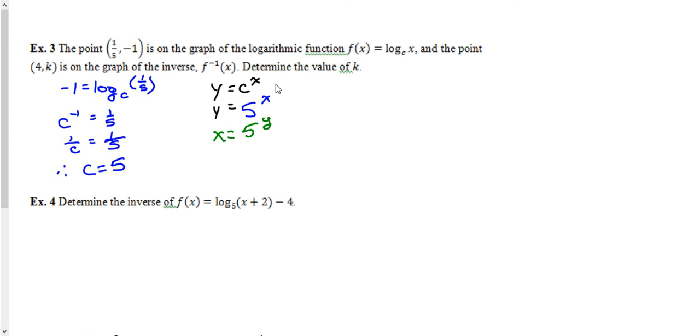Oh no, I didn't need to, I already rewrote it. Sorry, my apologies. I'm just going to solve actually. So let's plug in our variables 4 and k here. So we have k equals 5 exponent 4, and of course k then is equal to whatever 5 exponent 4 is, which should be 625. And there we go.